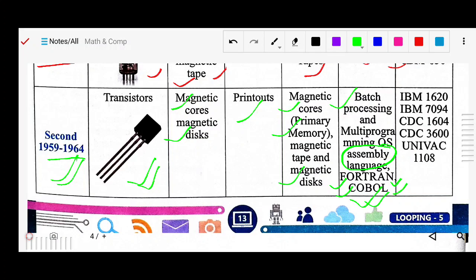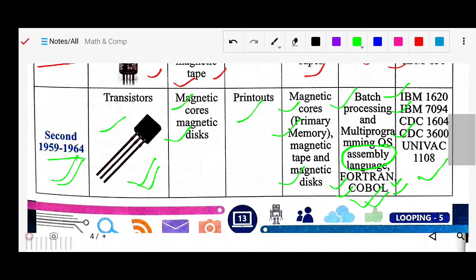Examples: IBM 1620, IBM 7094, CDC 3600, CDC 1604, UNIVAC 1108. These are the examples of second generation computers. So the technology is transistor, the language is assembly, and these are the examples.